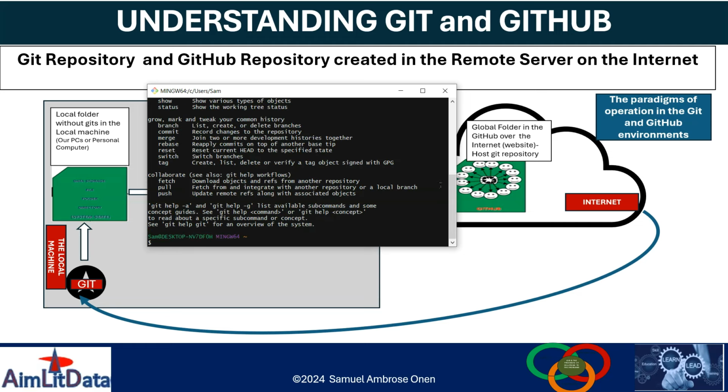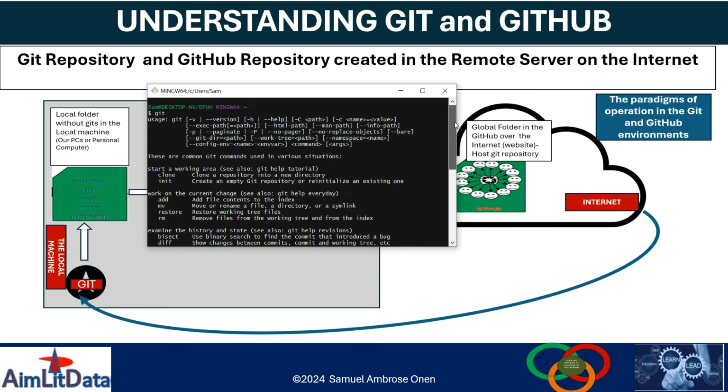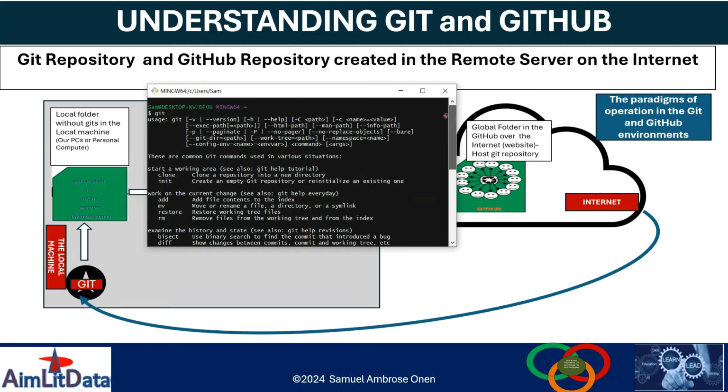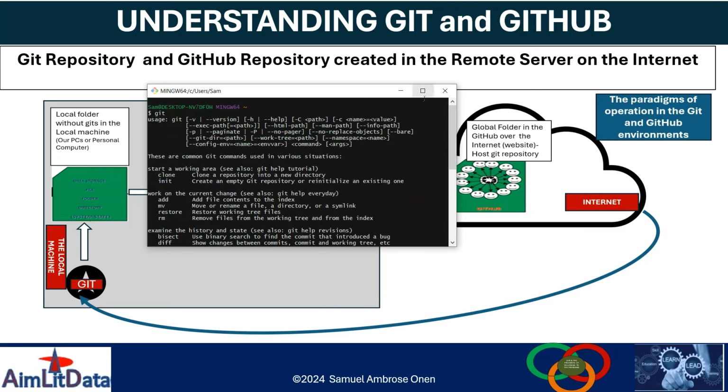My friend, as you can see on the screen here, this is the indication that Git is available on our machine. As you can see, the usage, git, and the operations or the operators here: add, mv, restore, rm, bisect, diff, everything. So this is evidence to show that we really have Git here on our device.